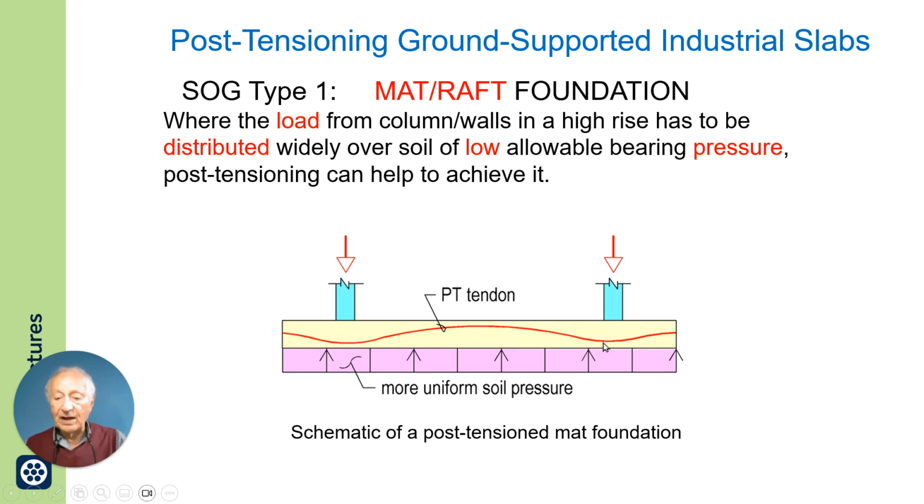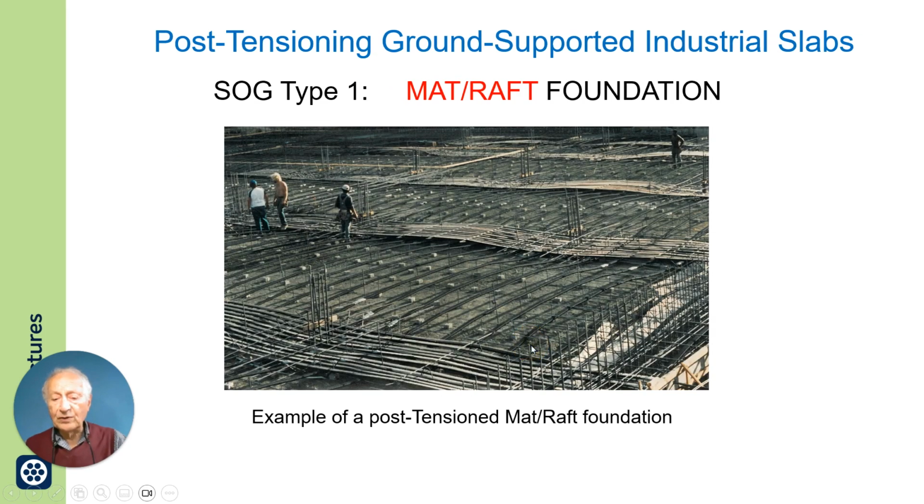It is profiled such as to lift the weight from above here and bring and dump it away somewhere in the span. So the profiling of the tendon will help to redistribute the applied load and result in a more uniform distribution.